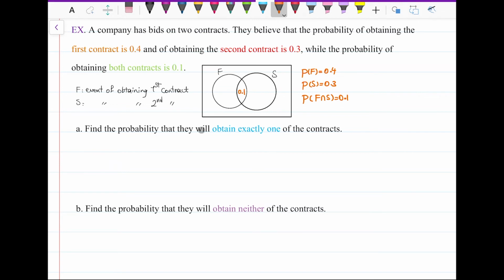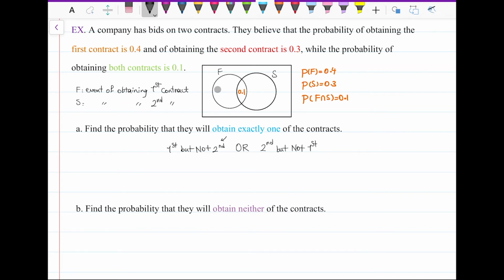Great. We want to find the probability that they will obtain exactly one of the contracts. So what does that mean? It means that to obtain exactly one contract, they may obtain the first contract but not the second one, or they may obtain the second contract but not the first one.